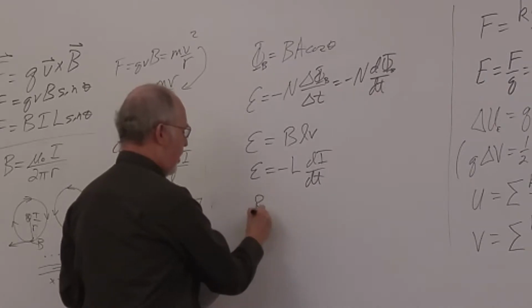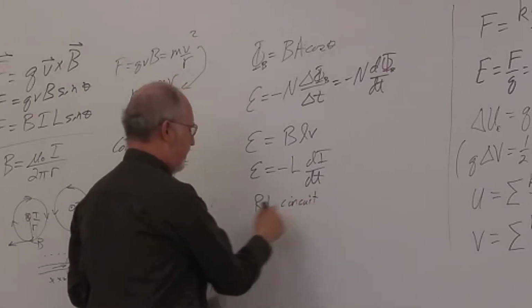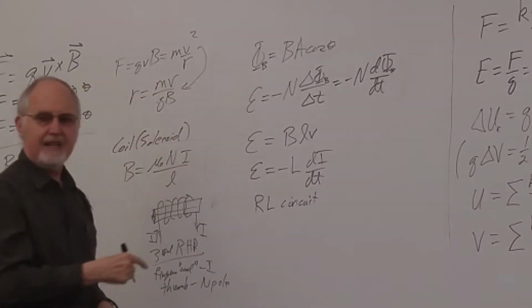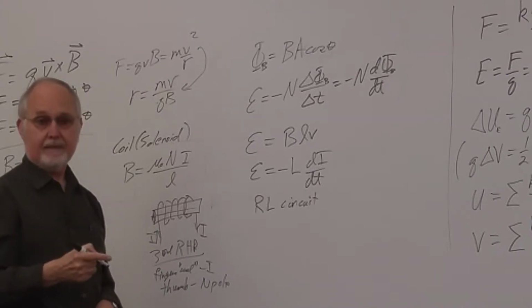If you've got an RL circuit, so you've got a resistor and a coil, the inductor, in series hooked up to a battery.